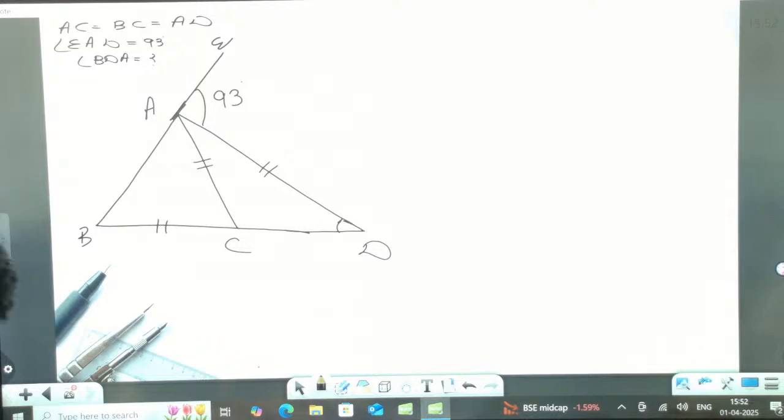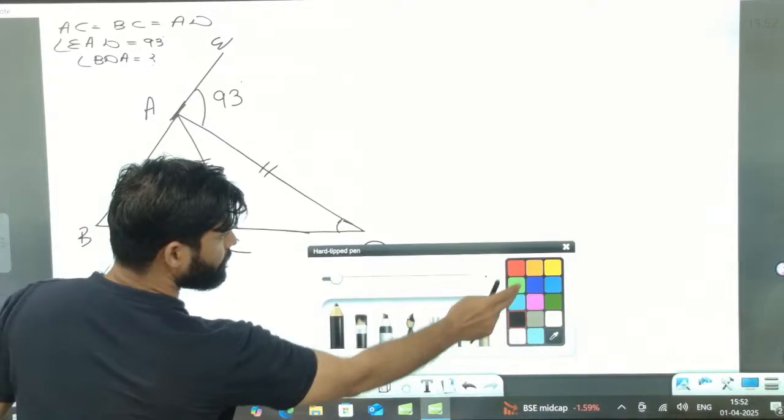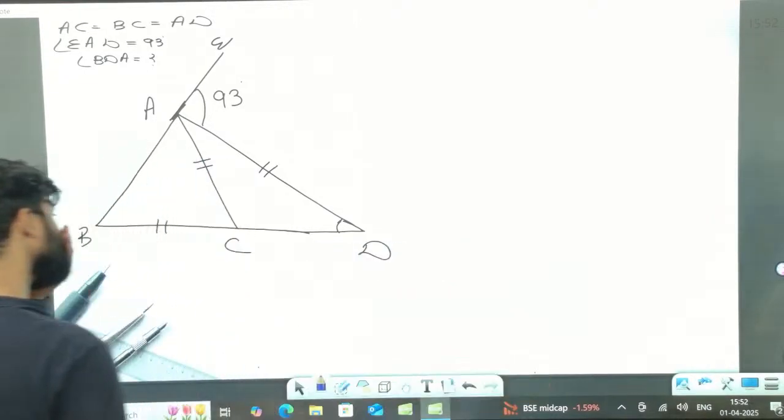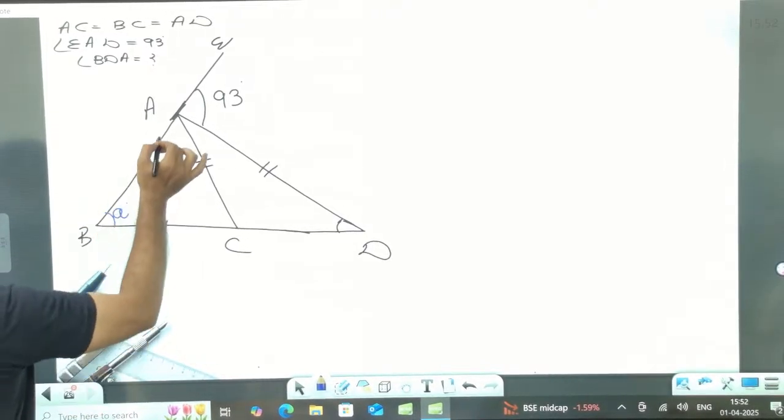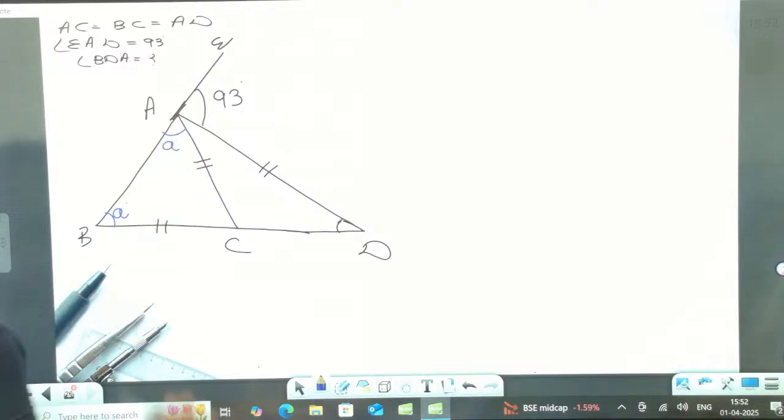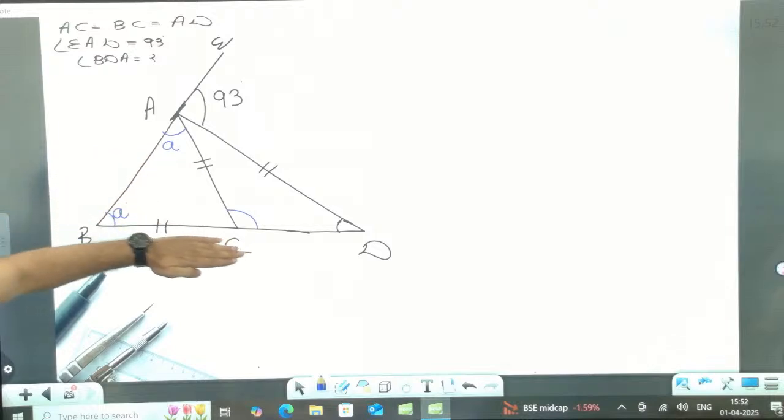Okay, let's understand what we can do. If this angle is angle A, this angle has to be angle A, because this is an isosceles triangle. If these two sides are equal, the opposite angles must be equal. So this A, this A. If I talk about this angle, it will be A plus A, because the sum of two interior angles is equal to the exterior opposite angle.